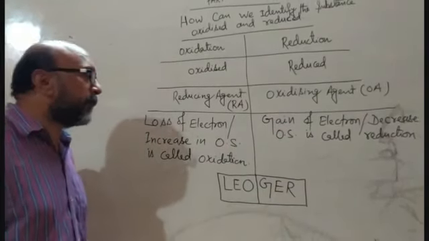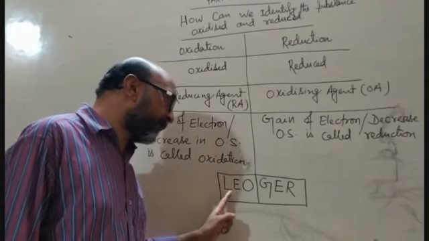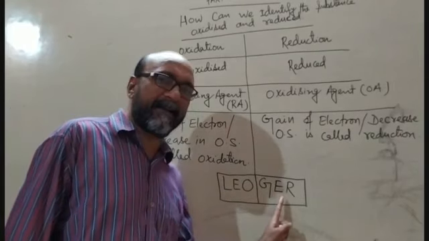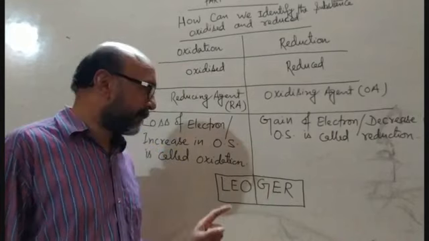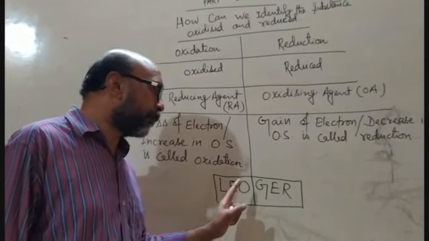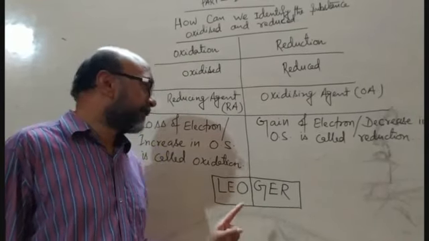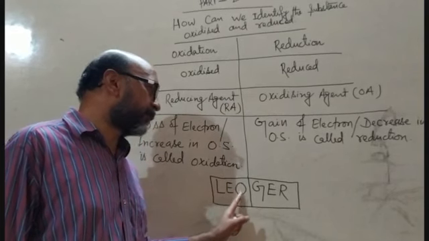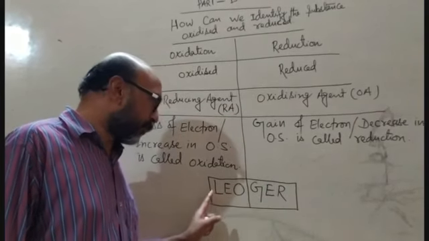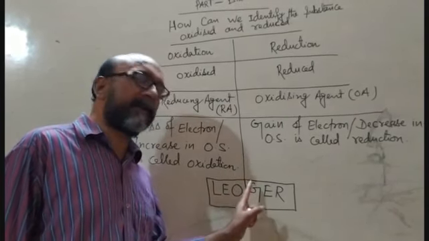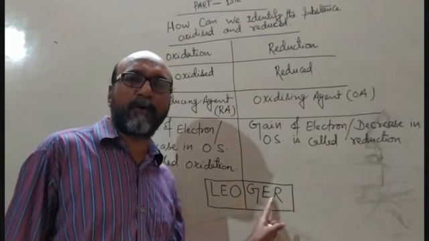If you keep this word LEO GER in your memory, then you will not forget to differentiate oxidation and reduction. Loss of electron, oxidation; gain of electron, reduction.